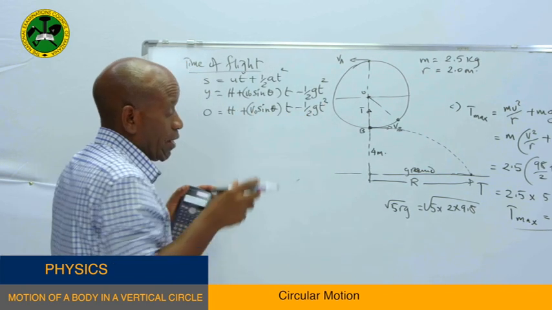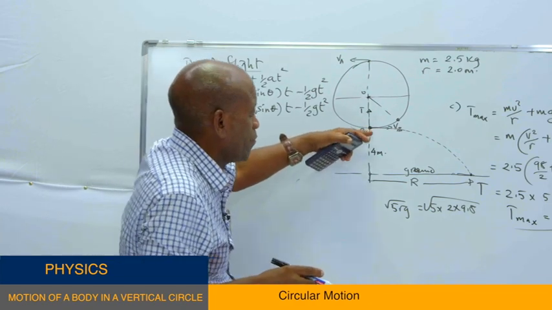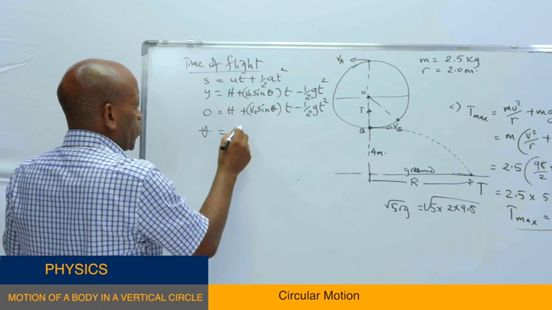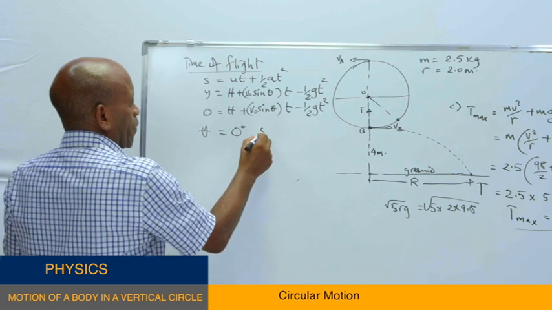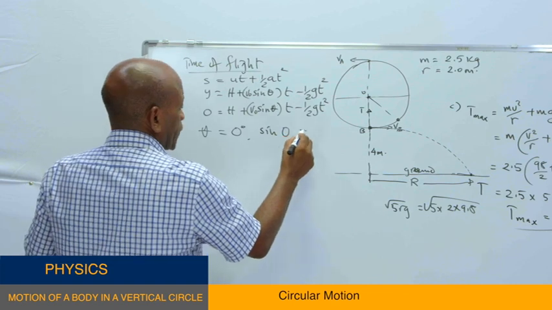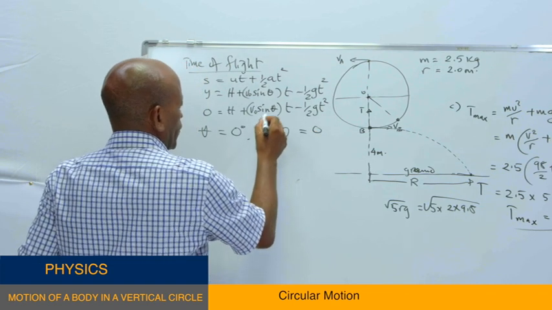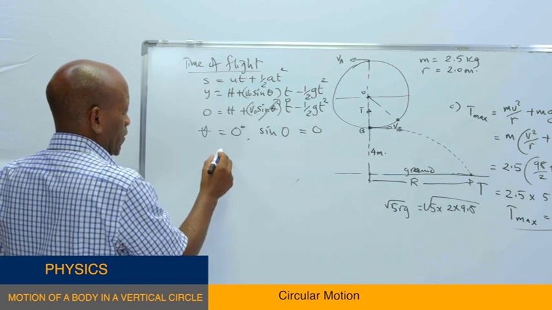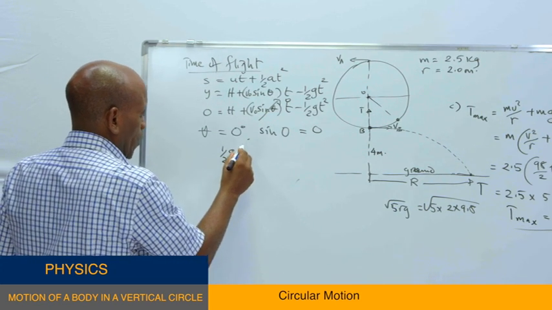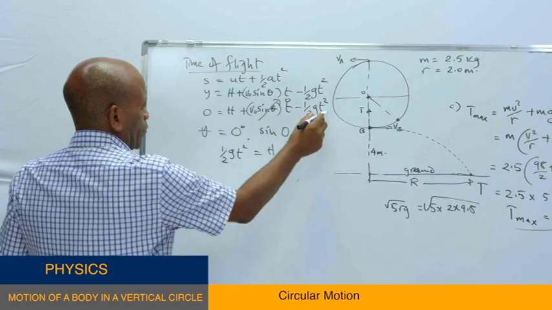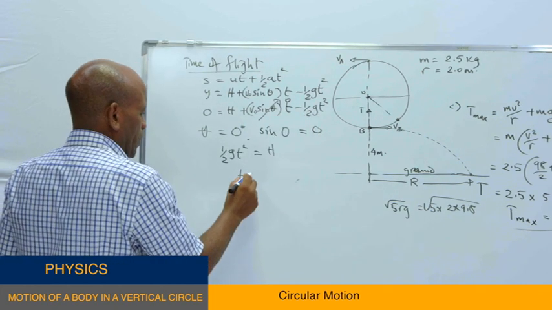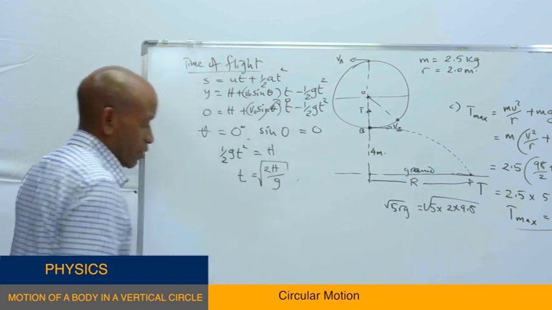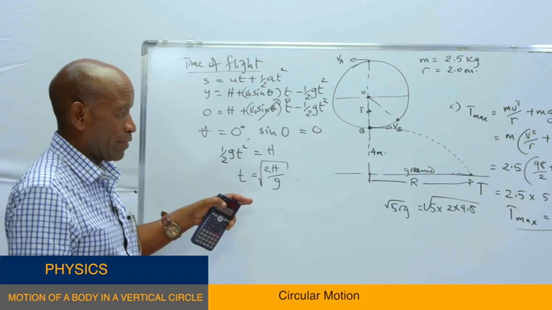But remember, if the initial velocity of projection is horizontal, the angle of projection here will be equal to 0. And therefore sin 0 will be equal to 0, and so that whole term doesn't exist. What we're going to have here is that a half g t squared will just be equal to h. So the time of flight t will be the square root of 2h over g. So this will be giving us the time of flight.